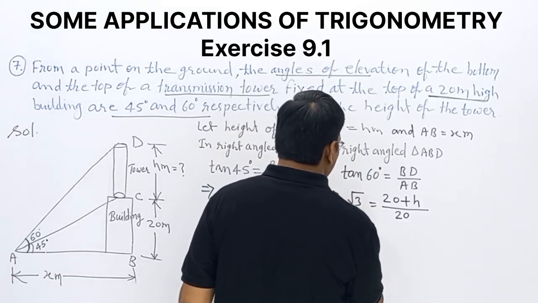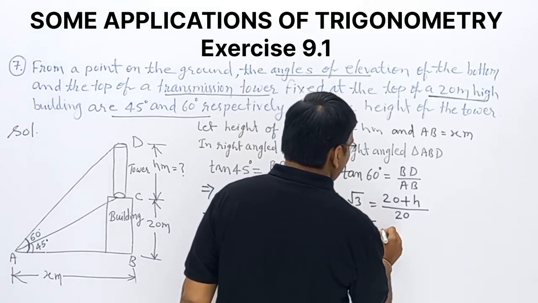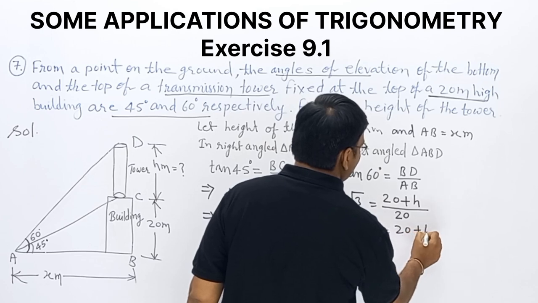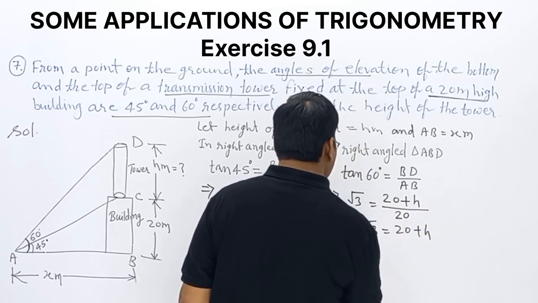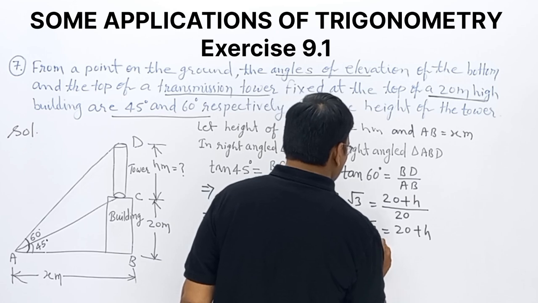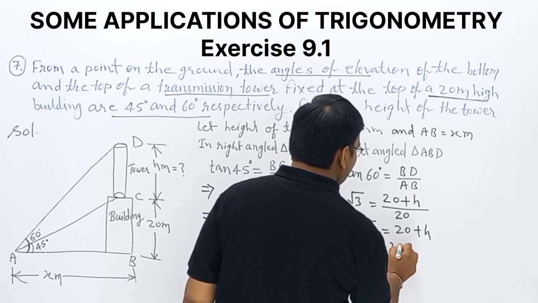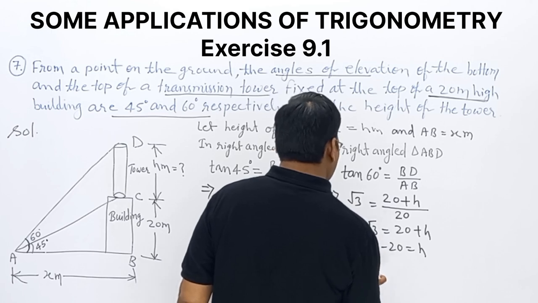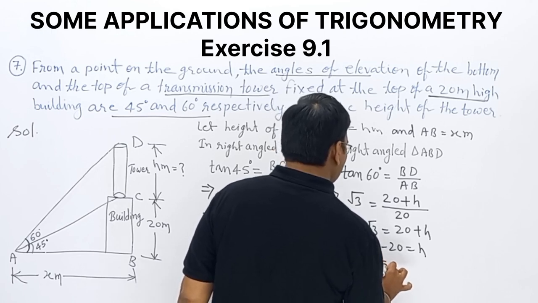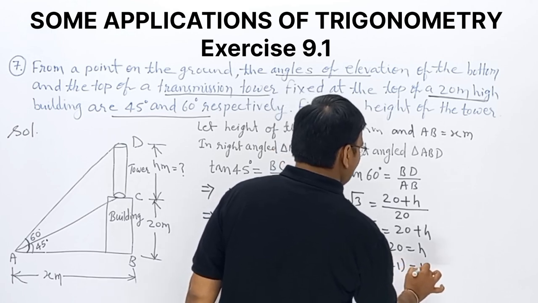Now solve this one. This can be written as 20 square root of 3 equal to 20 plus h. We want h, so transpose this towards the left: 20 square root of 3 minus 20 equal to h. So finally, 20 is common: 20 times square root of 3 minus 1 equal to h.